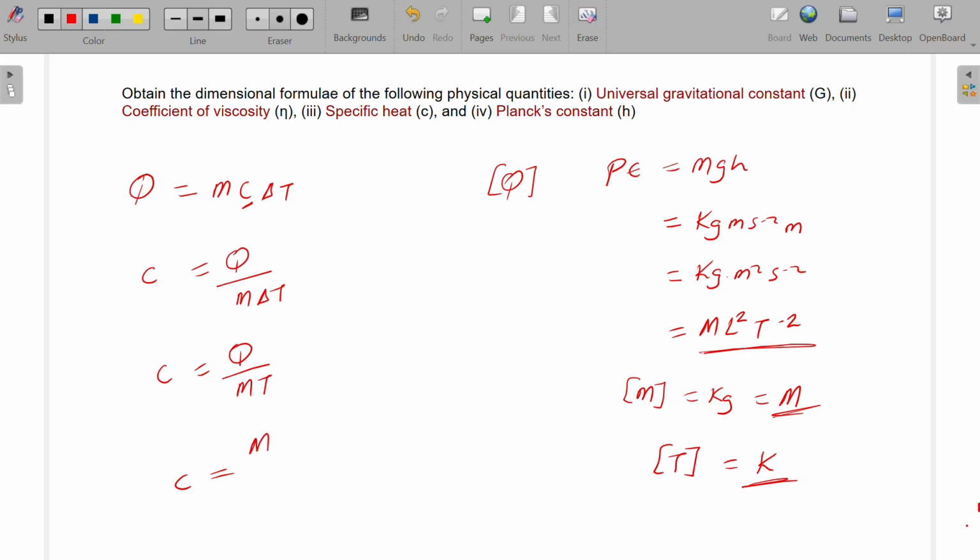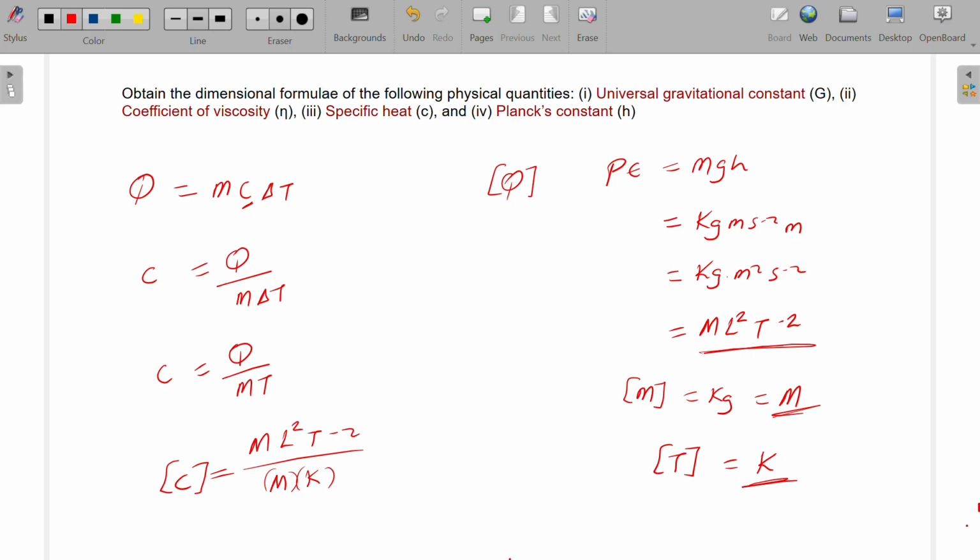C will be equal to, on top there, the dimensions we have are M, L to the power of 2, T to the minus 2, and this will divide by, for mass, M, then for temperature, K, down here.